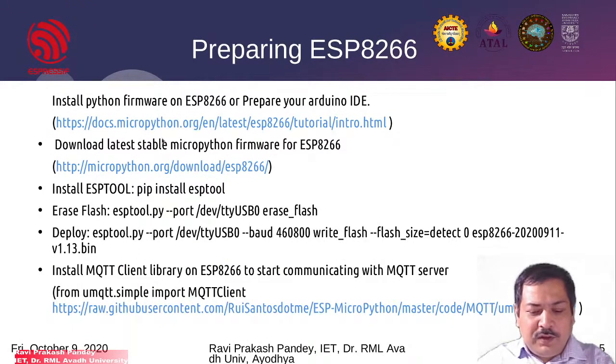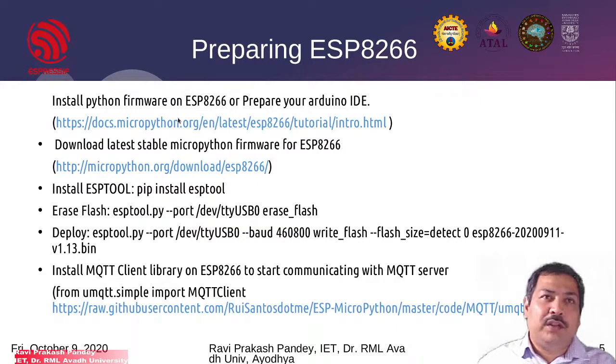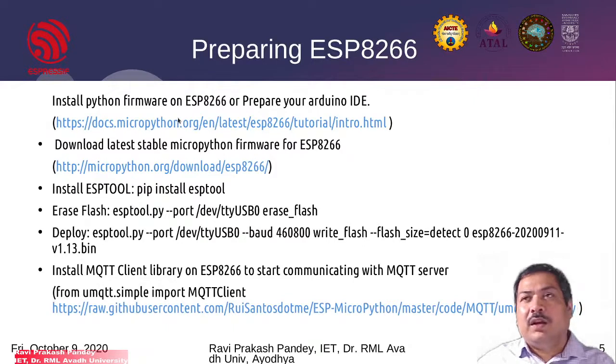So with that, we are done with preparing ESP8266 for talking to the MQTT server. Let me briefly recap the steps. First, you need to install MicroPython firmware on ESP8266. Detailed instructions for doing that are available on this website. Then download the latest MicroPython firmware for ESP8266.